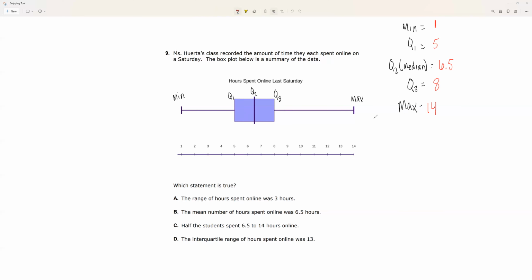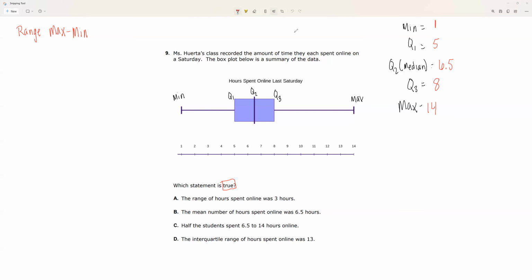This 5-number summary is going to help me find these answer choices, because it says which statement is true. So the range of hours spent online was 3 hours, right? Now, I'm going to write over here, range is max minus my minimum.